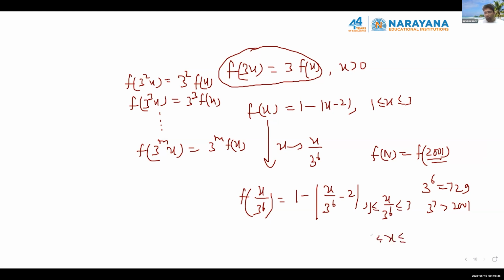That means x between 3 power 6 and 3 power 7. And the value of 2001 will lie in this range only. Getting the point? So now you can substitute x equal to 2001 to get that value and then revert back. You please try now. I think you have understood the question now, beta.